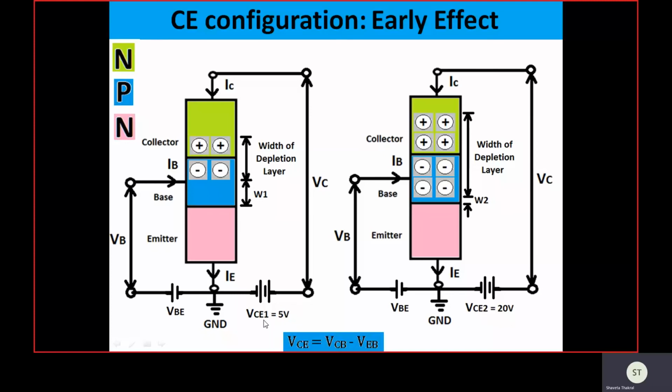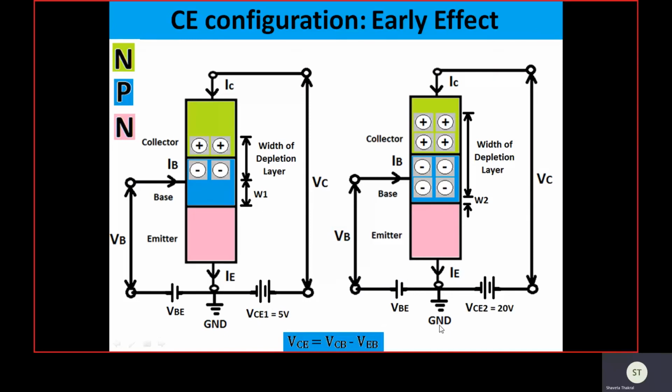If we apply VCE of 5 volt, across the CB junction we have this much depletion layer present. This is the width of the depletion layer, and some portion of the base is occupied by the depletion layer. The rest of the base has a width called W1. So W1 is the effective base width without the depletion layer.